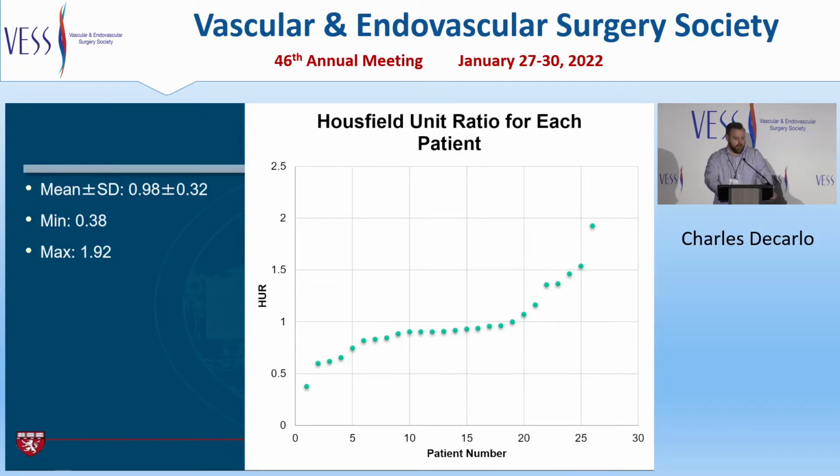This chart displays the Hounsfield unit ratio for each patient, with each tick on the x-axis representing a patient, and the y-axis corresponding to the value of the Hounsfield unit ratio. The mean Hounsfield unit ratio is 0.98 with a standard deviation of 0.3. The minimum value was 0.38 and the maximum was 1.9.